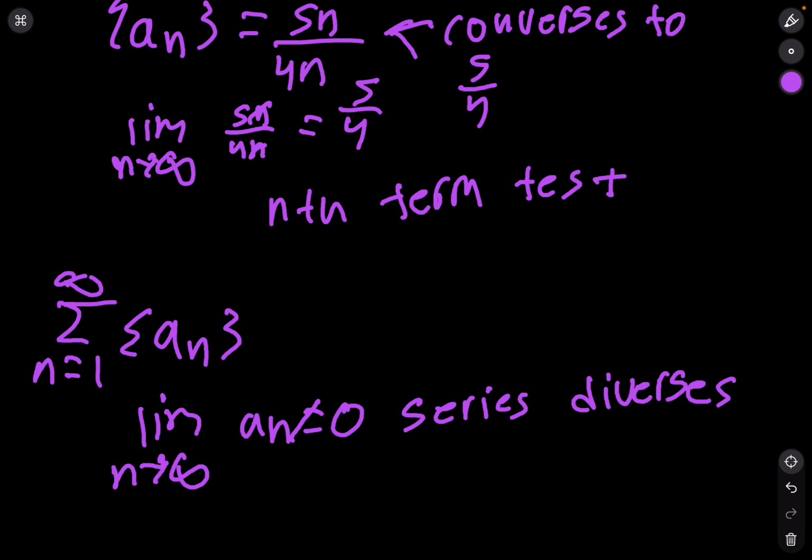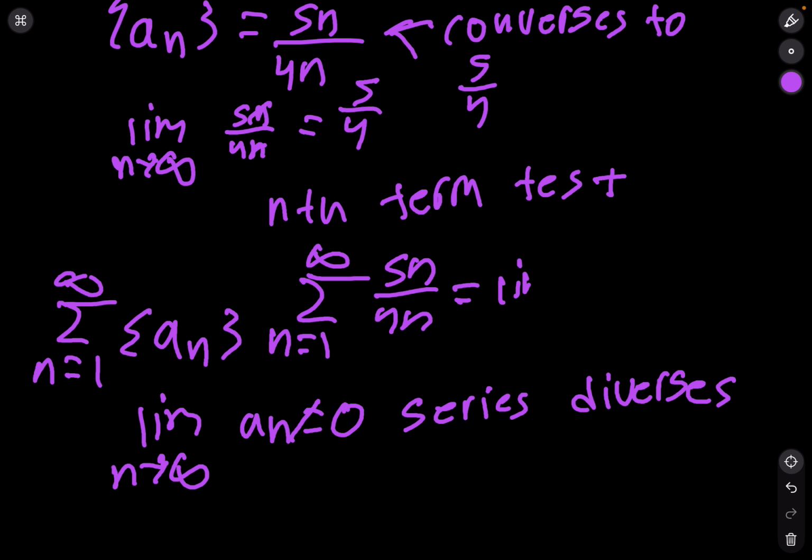So an example of that could look like this. The series, the sigma, that's the actual name, n equals 1 to infinity of the same function, 5n over 4n. Then from here, you just take the limit, and then you'll see that this is 5 over 4.